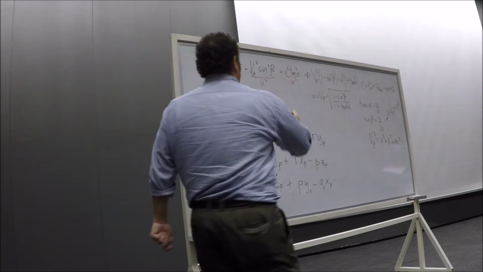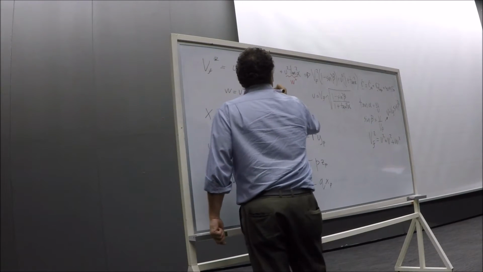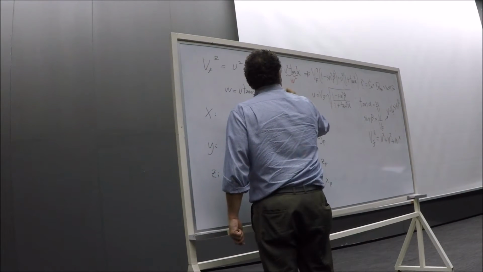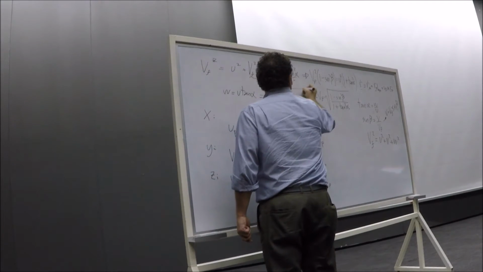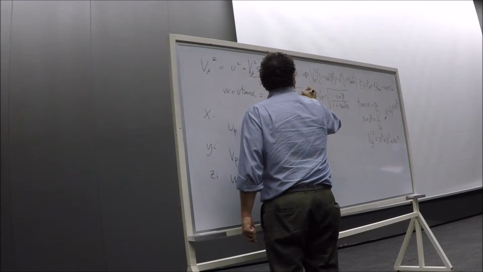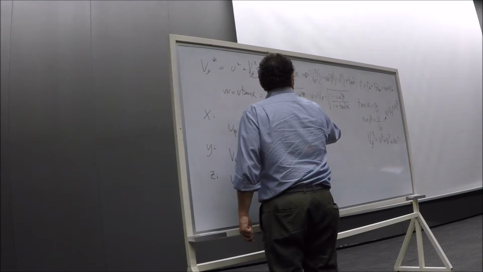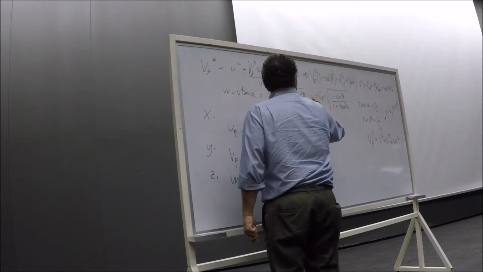So W is equal to Vf tan alpha times the square root of 1 minus sine square beta over 1 plus tan square alpha.